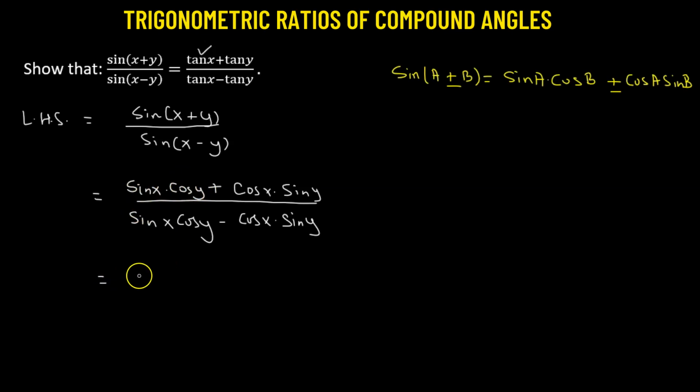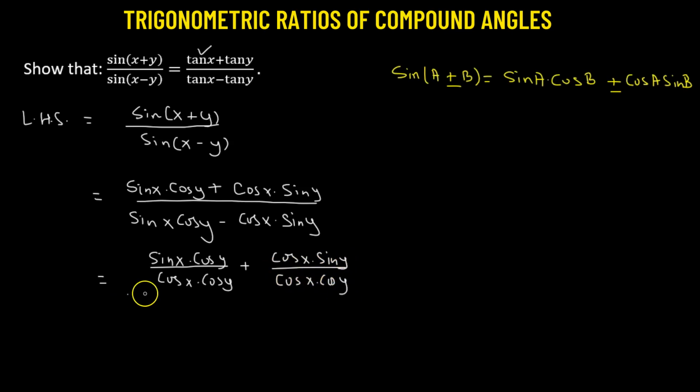So let's do that. We're going to have sine of x times cosine of y, divided by cosine of x times cosine of y. Doing this to the second term as well, we have cosine of x times sine of y divided by cosine of x multiplied by cosine of y, whole divided by, so we divide the two terms in the denominator by cosine x times cosine y as well.